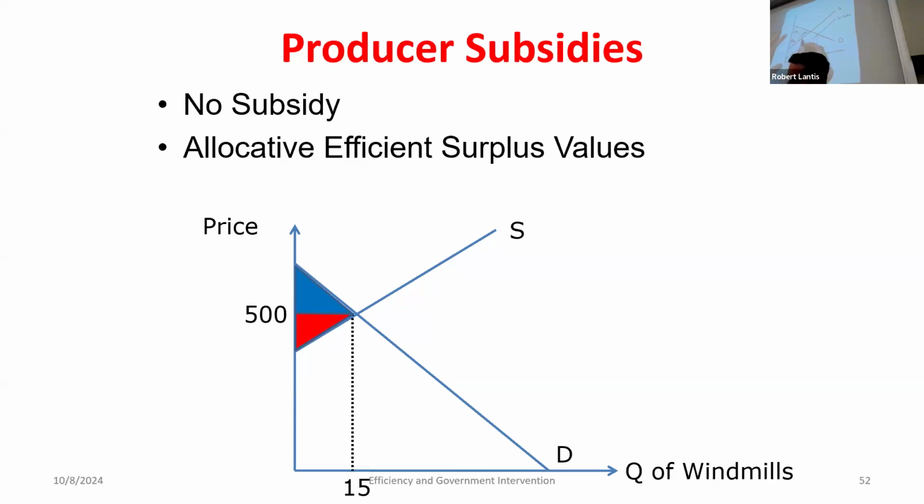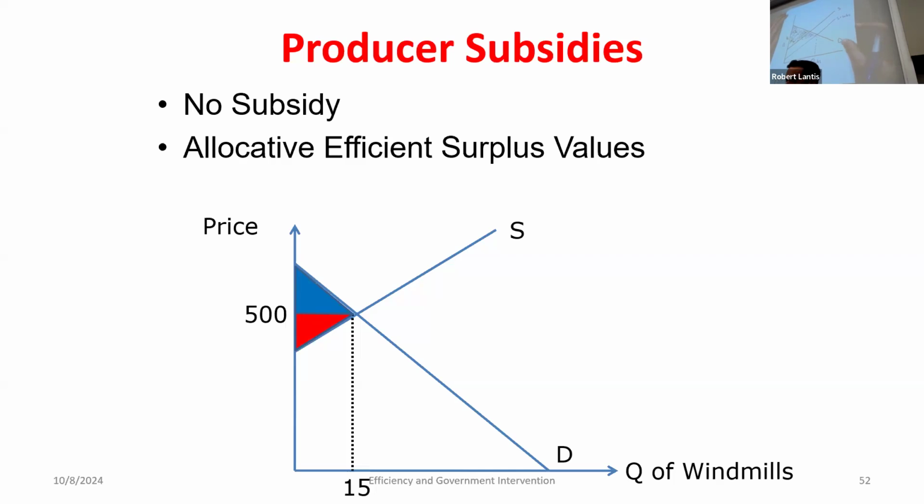The price that consumers pay is going to be a little bit lower compared to that old equilibrium price. So where is consumer surplus now going to be? The area below the demand curve, but above the price they pay. So you can think about this blue shaded area.